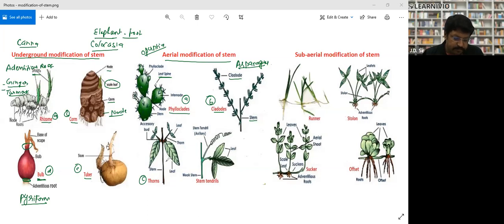They are sharp, pointed, straight or curved structures which protect the plant from grazing animals.